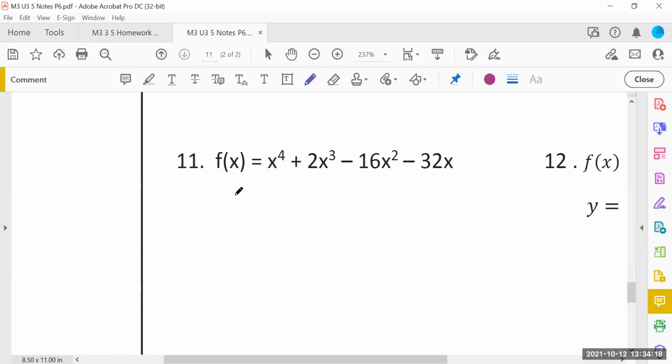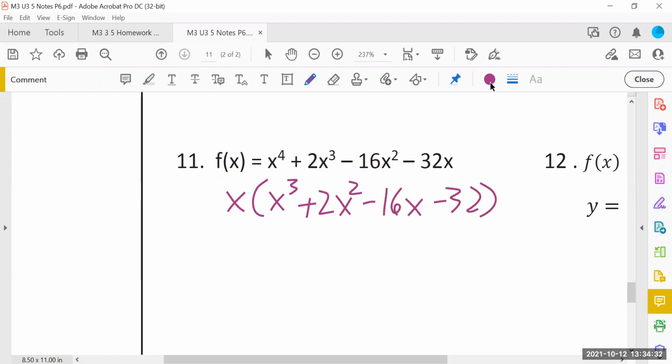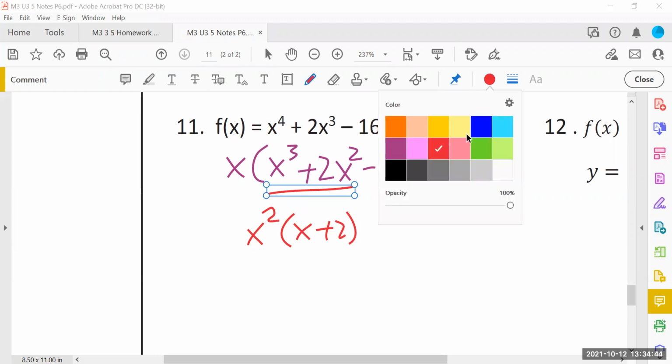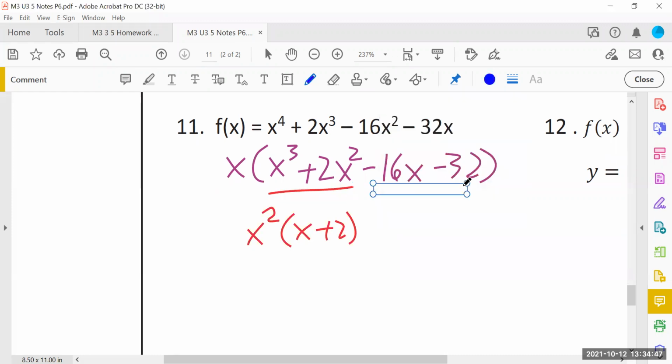I can take an x out of all of this: x times x cubed plus 2x squared minus 16x minus 32. Then I'd look at the first two terms right here. X squared comes out of both of those, so x squared times x plus 2. Right here, I take a negative 16 out, negative 16 times x plus 2.